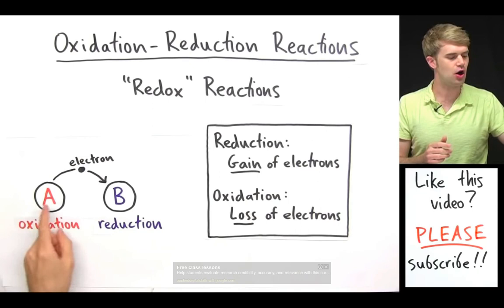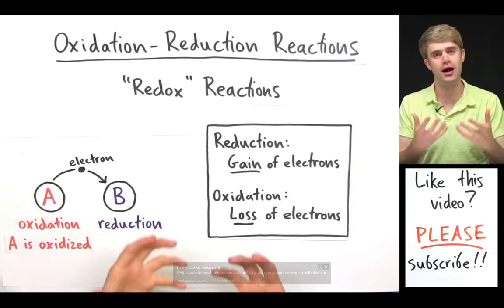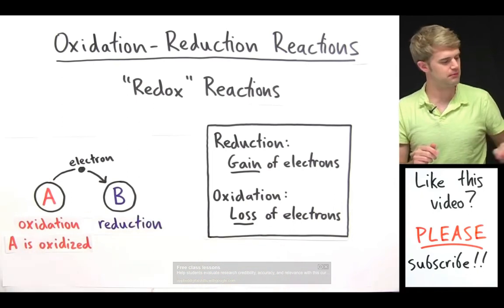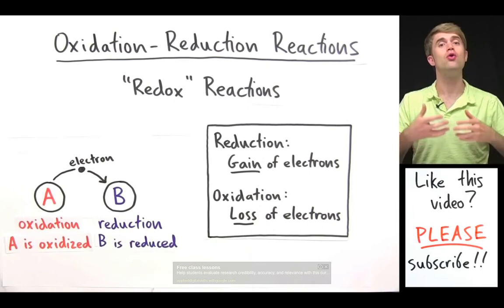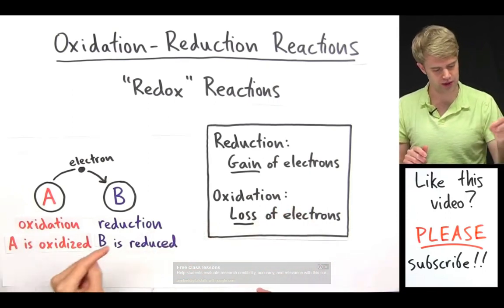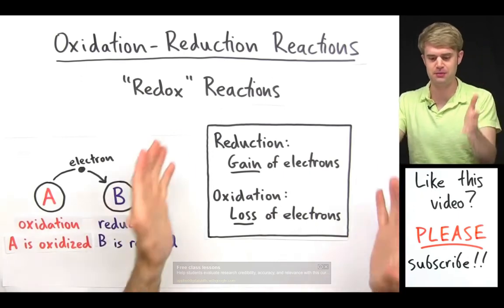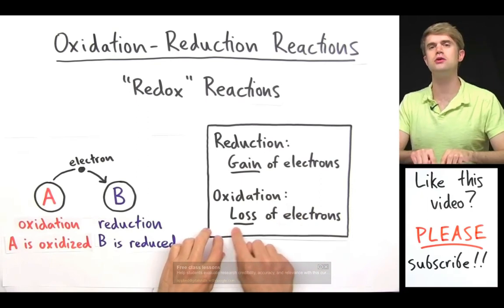Atom A is undergoing oxidation, so we can say that atom A is being oxidized. Atom B is undergoing reduction, so we can say that atom B is being reduced. So we've got oxidation, oxidized, reduction, reduced. The big picture here is that reduction is a gain of electrons and oxidation is a loss.